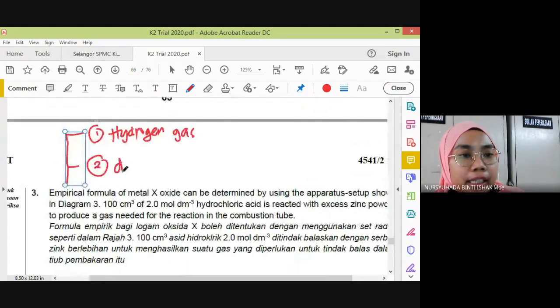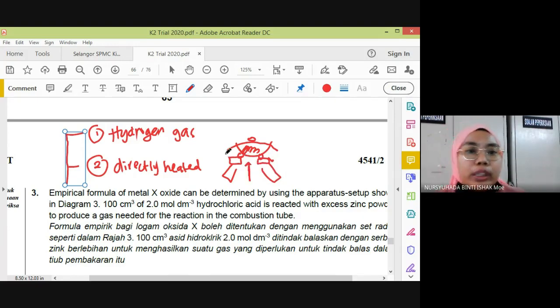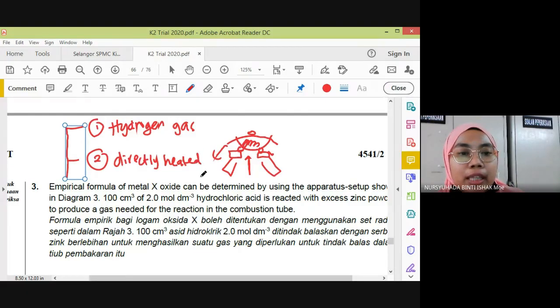Kita directly heated. So kita akan guna crucible like this. And then we put the magnesium ribbon, and then kita panaskan dia. So ini directly heated, and the first method is hydrogen gas like the diagram given.